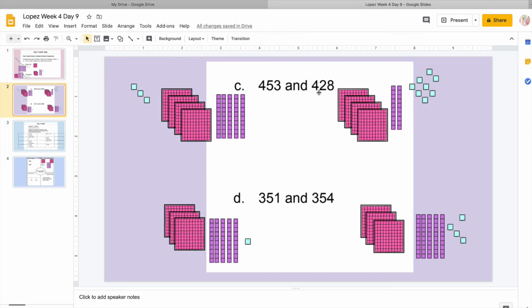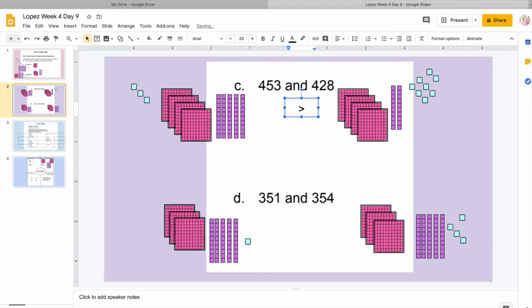Starting in the hundreds column, we have a 4, letting us know that has the same value. So we need to move next door to our tens column where we have a 5 and we have a 2. 5 is greater than 2, so we know that 453 is greater than 428.